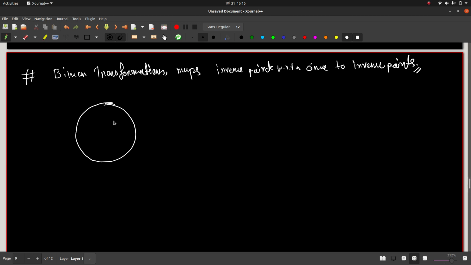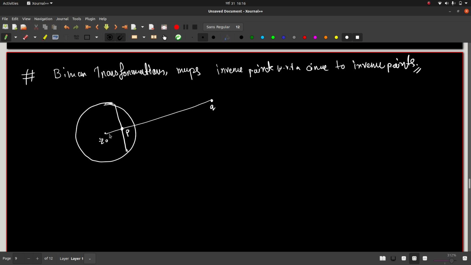So let's say this is a circle, and this is the center Z0, and this point over here, point P, is one of the inverse points of the circle, and this Q is another inverse point. So what are these inverse points?